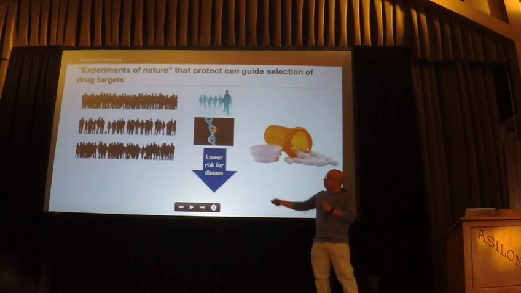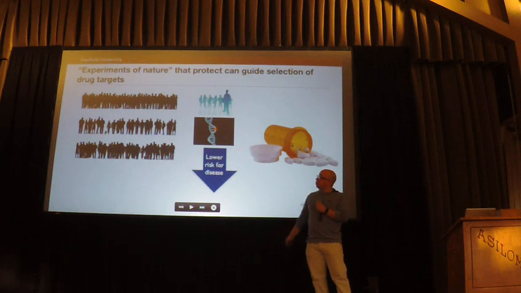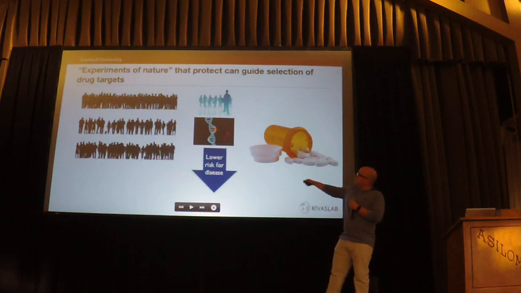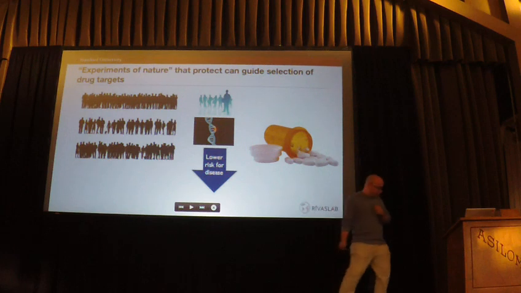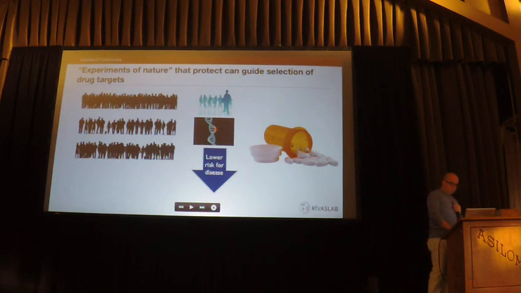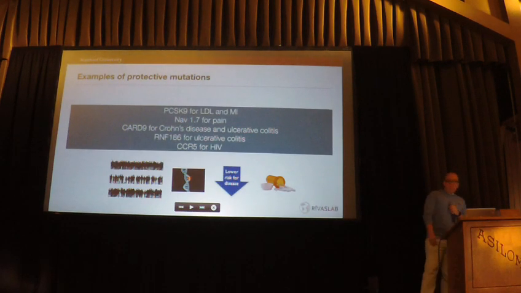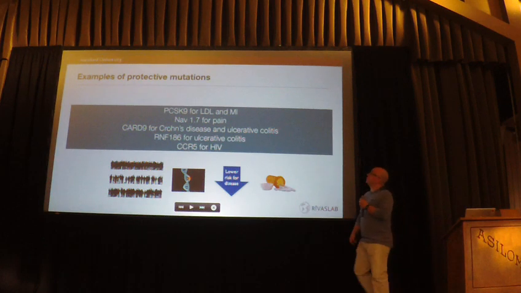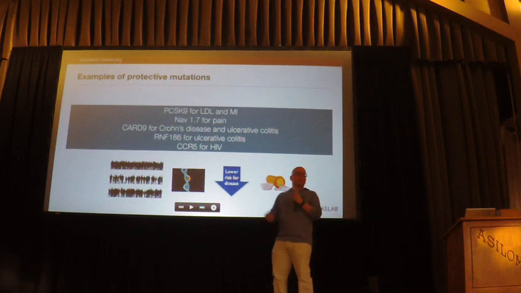And the typical scenario is that you do a case control study or a population cohort study, combine medical information about those individuals with genetic data, and identify mutations that lower risk for disease. Now, there are only a handful of examples of protective mutations that confer strong effects.